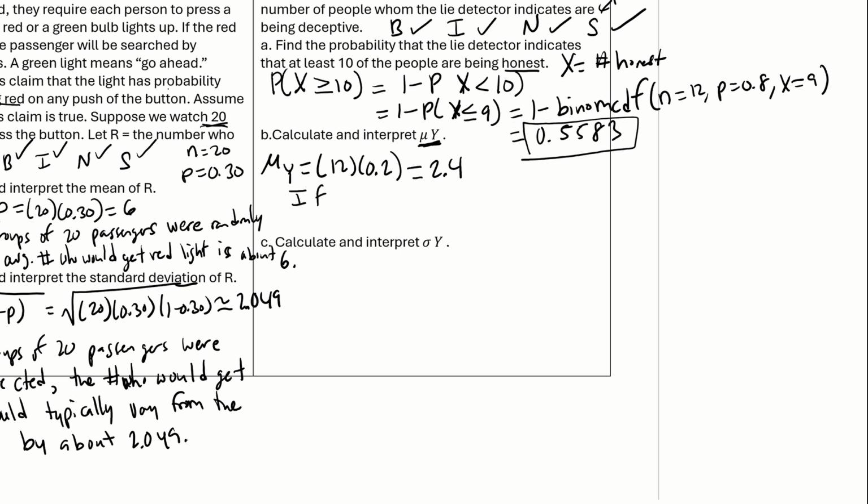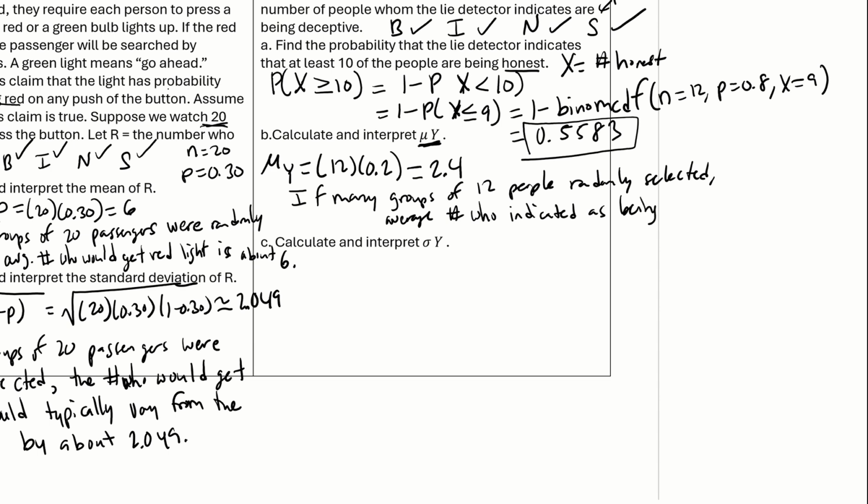If many groups of 12 people are randomly selected, the average number who are indicated as being deceptive is approximately 2.4.